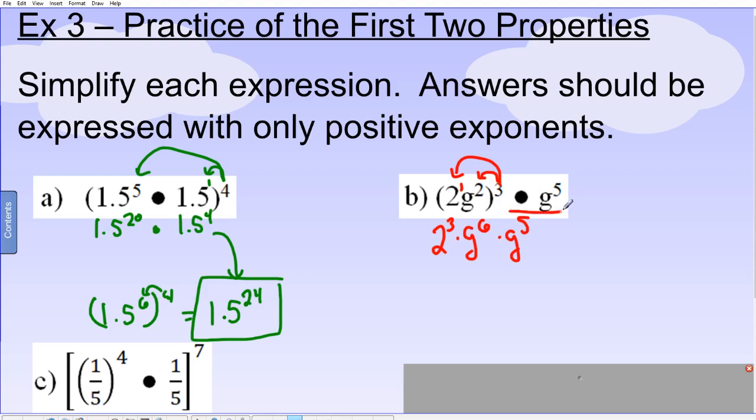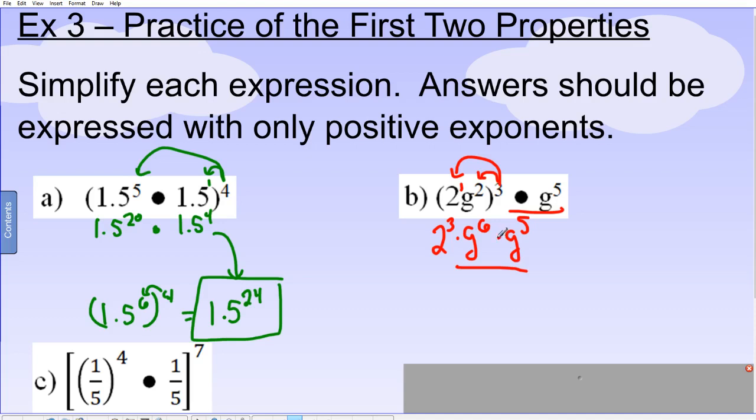And I'm writing down the rest of the problem. Here's my multiply by 5 that I have here. Now I look to see, is there anything else I can group together? Anything else I can add or subtract or multiply? Things with the same base. Yep. I've got two g's. I've got g to the 6th and g to the 5th. Those two are the same base.